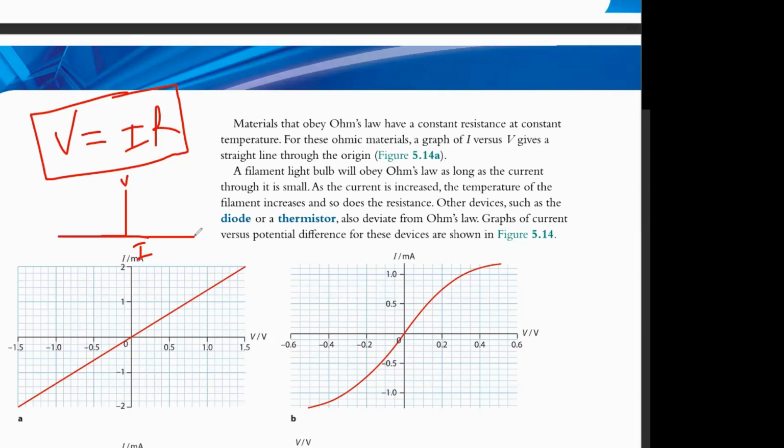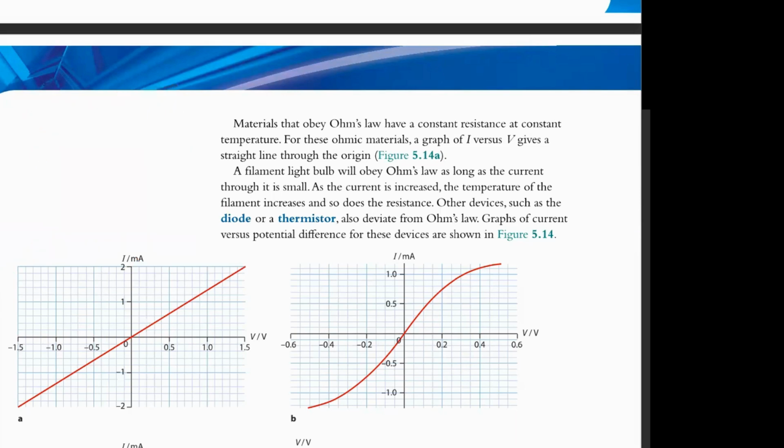It will be the one on the left. It should be a straight graph. And what will the slope of this graph give me? Resistance. Very good. The slope of this graph will give you resistance.